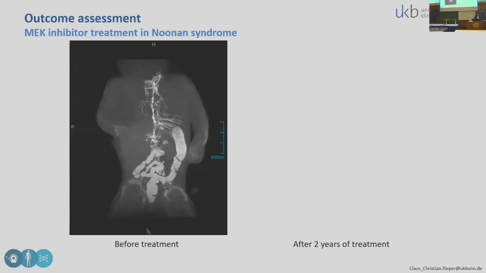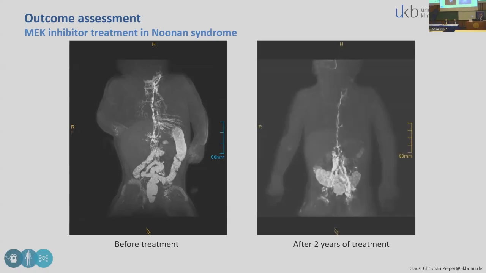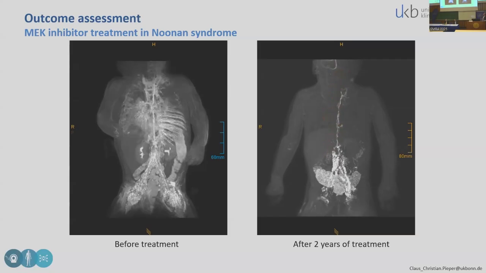But when you look at the central lymphatic system, the initial images seem to show you that all these changes have gone away and that the patient has a more or less normal lymphatic system after the treatment.